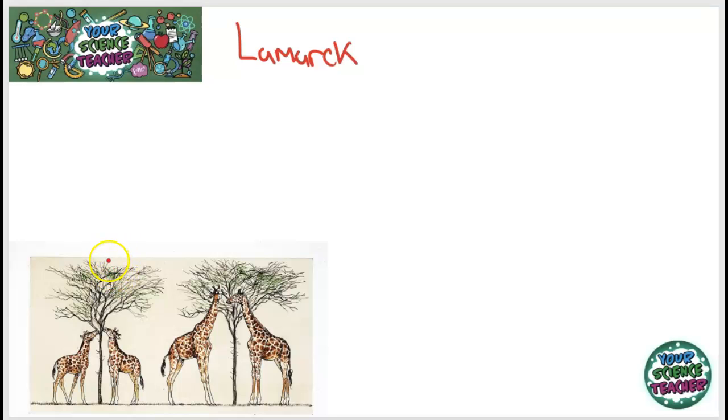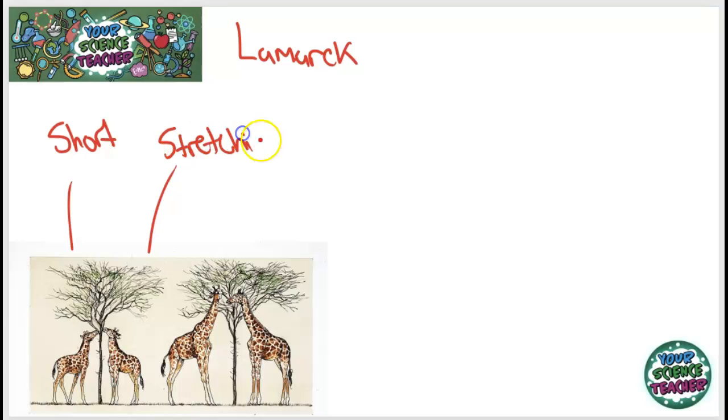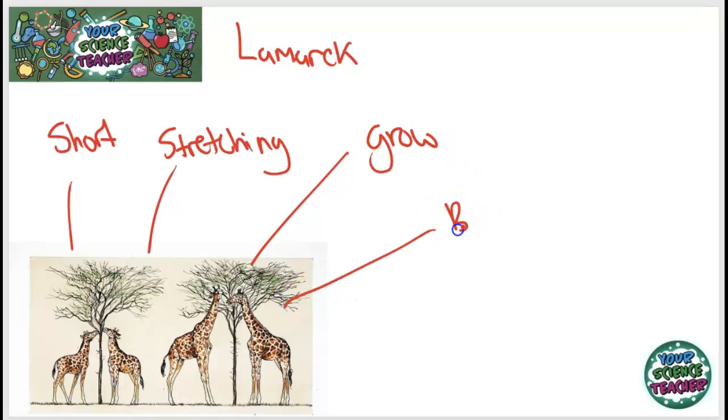Because he was a zoologist, he was around many different species of wildlife, and the way he came up with his theory was if giraffes were born short, during their lifetime, they would do a lot of stretching, trying to reach for the tallest branches in order to get their food. And over time, they would grow bigger during their lifetime. Then, when they have babies, they will pass on this gene. So that was Lamarck's theory of evolution.